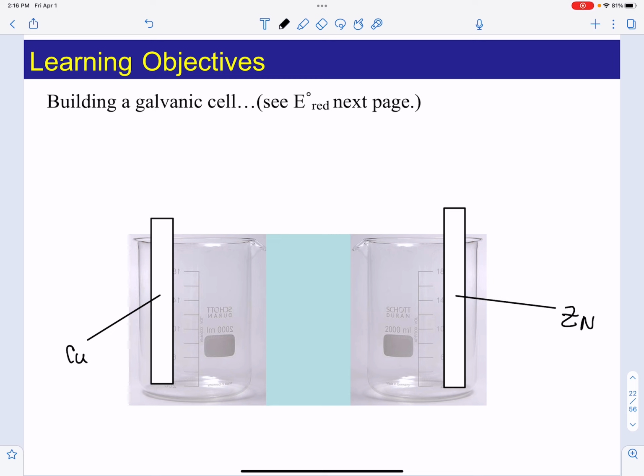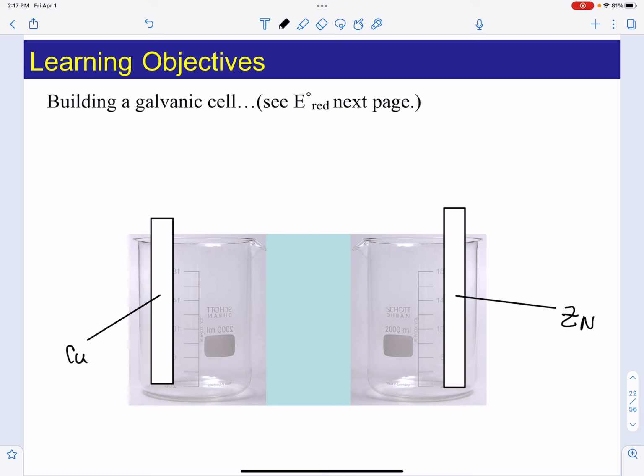And if you remember from Chem 1411, we mentioned that metals always like to lose electrons. When we talked about metallic character, one of the things we said that makes something more metallic is the fact that it can lose electrons easier.